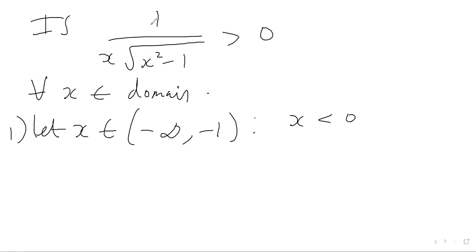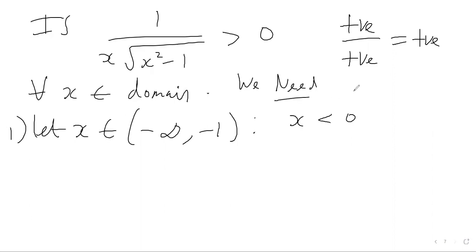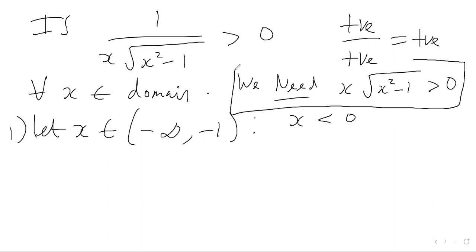So if you've got a positive number divided by a positive number, that's going to be a positive number. So because of this positive number on the top, we need this denominator to be positive. So we need x times the square root of x squared minus 1 to be greater than 0. That's what we need in order for us to have a positive derivative.